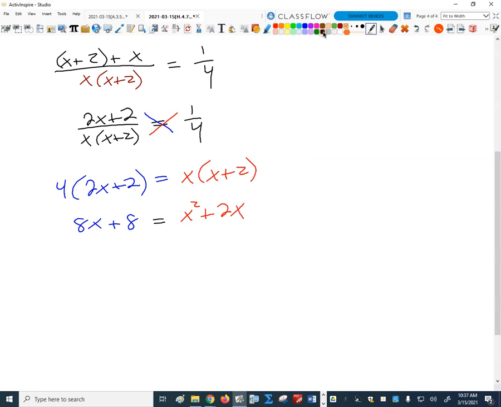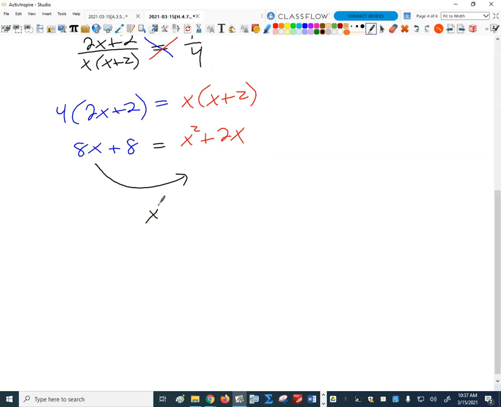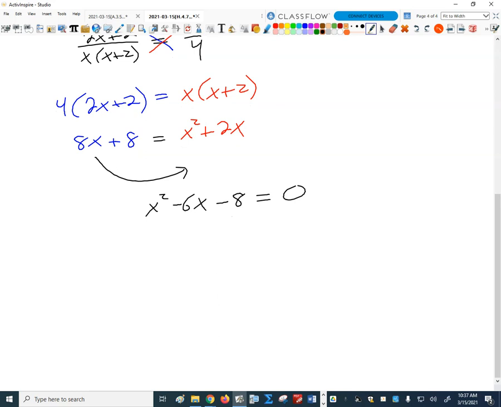And let's just scoot everything over to the right side to set it equal to 0. And what's that going to give us then? x squared plus 2x minus 8x would be minus 6x minus 8 equals 0. But let's just put the equals 0 on the right. Okay, now I've got a quadratic equation in standard form. How do I solve that one?